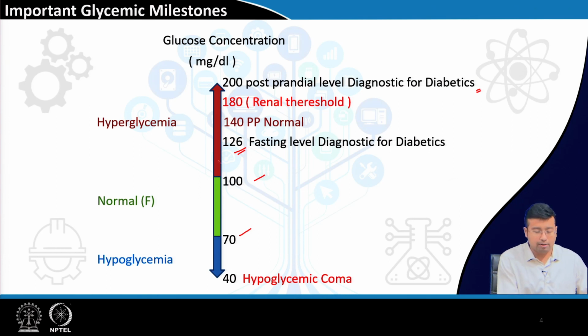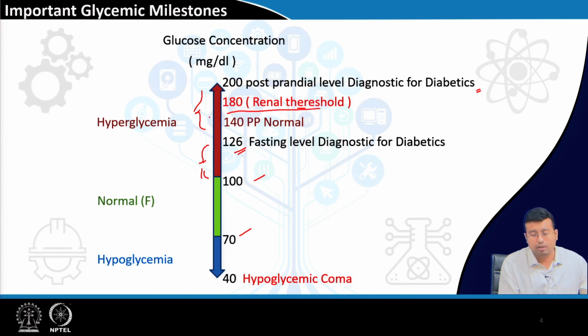So, anything above 100 up to 126 for fasting and 140 to 199 for postprandial is actually a pre-diabetic state. Anyway, one very important thing mentioned over here is the renal threshold.